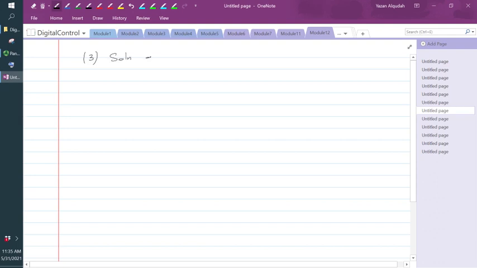So, solution of discrete time state space equations. Again, if we consider a linear time invariant system, x of k plus 1 equal to a multiplied by x of k plus b multiplied by u of k, and y of k equal to c x of k plus d multiplied by u of k.